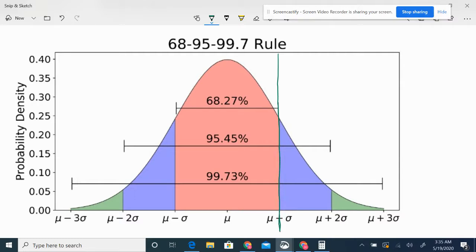The percentage that it gives me is how much is below that value. So my z-score is going to give me a percentage, and I'm going to add or subtract that to the mean, which is 50%. That tells me how much I have to the left, which is below that value.